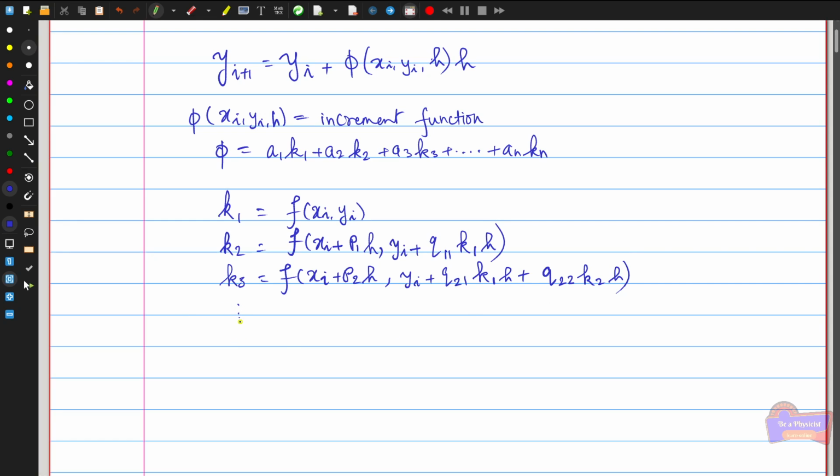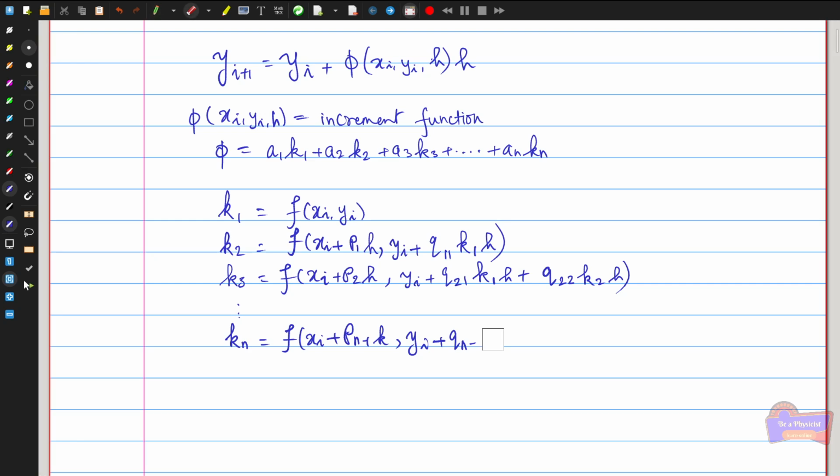Similarly, I can write the nth form, kn, which is equal to f of xi plus p n minus 1 times h comma yi plus q n minus 1 comma 1 times k1 h plus q n minus 1 comma 2 times k2 h, and similarly going further up to q n minus 1 comma n minus 1 times k n minus 1 times h.